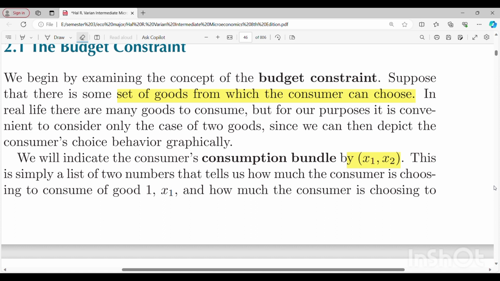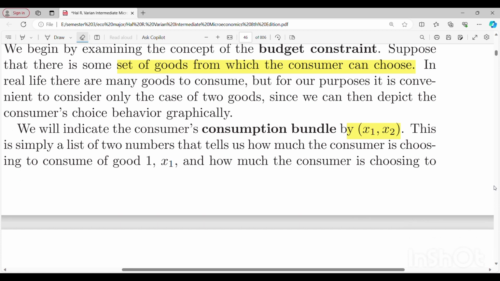So X2 can also be denoted as the money the consumer is ready to spend on all other goods other than X1. As X1 is one specific good and X2 is all other goods, X2 is not a specific good, so we can say that X2 denotes the money that the consumer is ready to spend on all other goods other than X1.